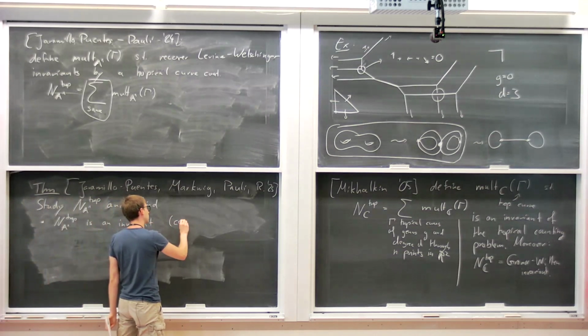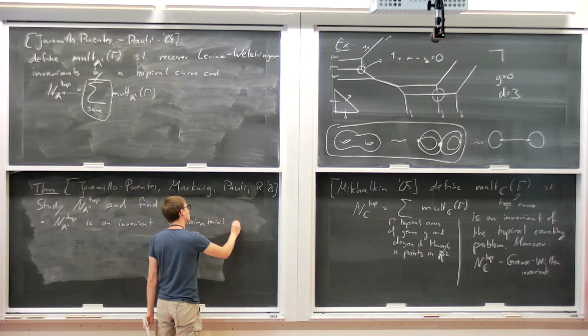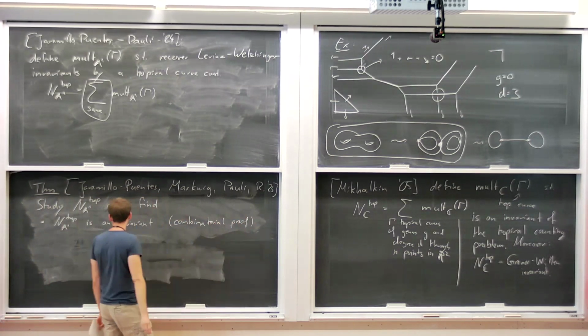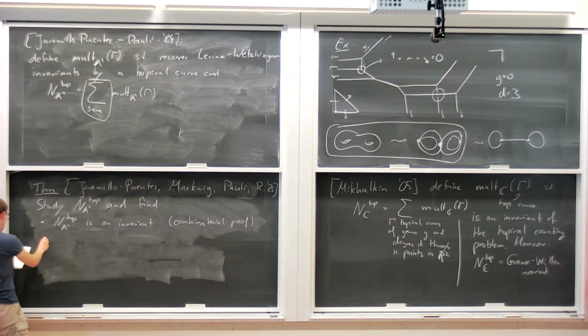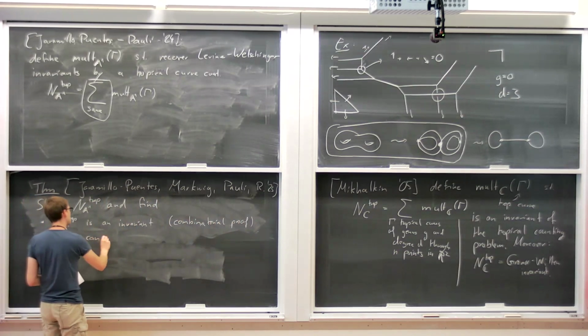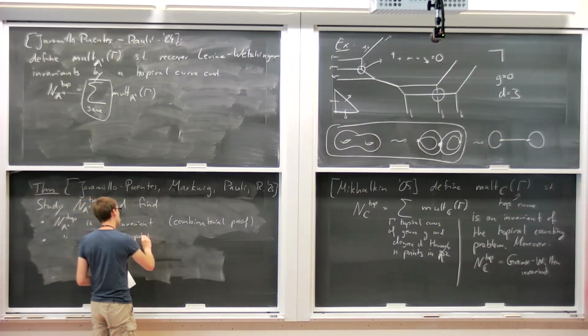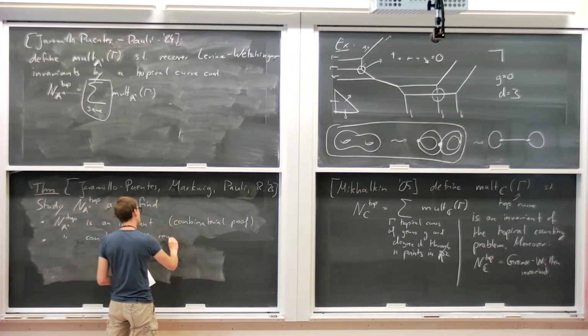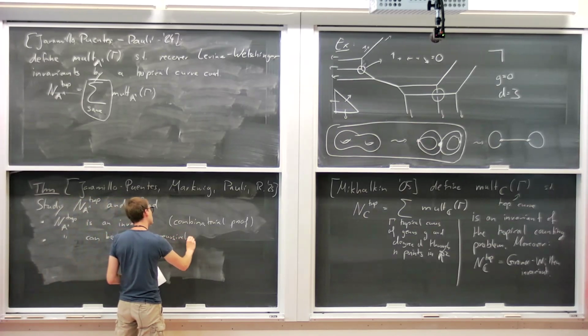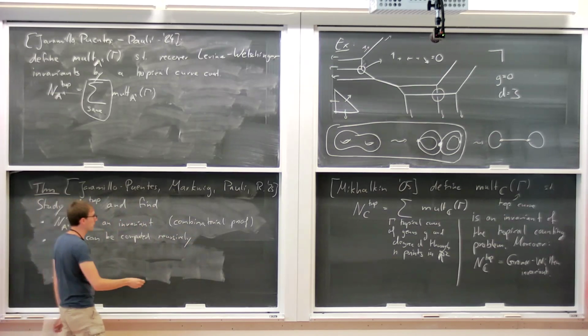So we give a combinatorial proof. Number two, this invariant can be computed recursively in a recursive procedure that is inspired by the Caporaso-Harris formula.